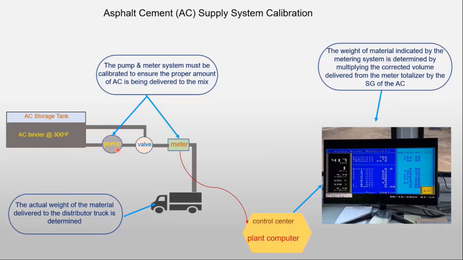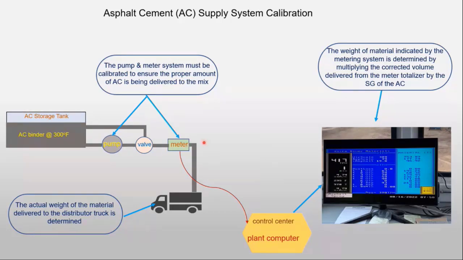The pump is going to pump all this out, and it's going to meter it, and the computer is going to reduce all that down to what we need, like we just did in that example problem. It takes these hot gallons and reduces them down to 60 degrees Fahrenheit, and then it multiplies by the specific gravity and gives you the tons. The bottom number here is the tons per hour.